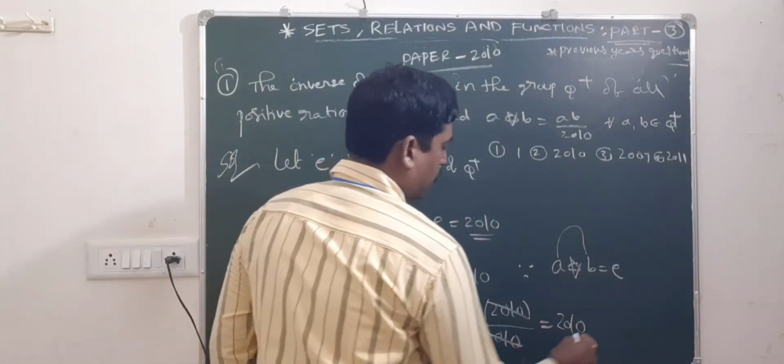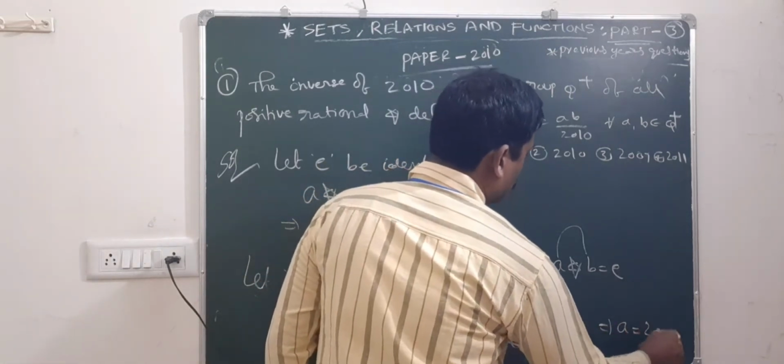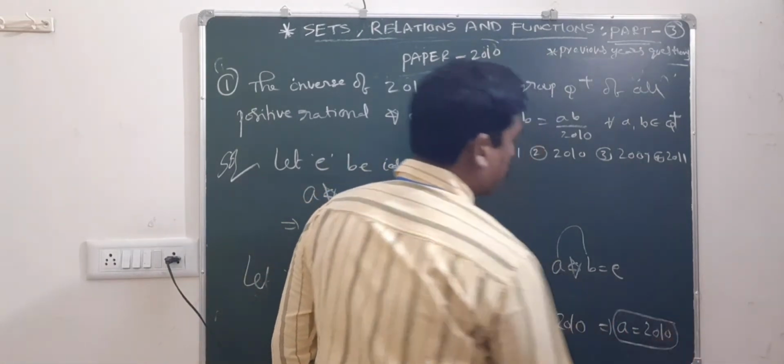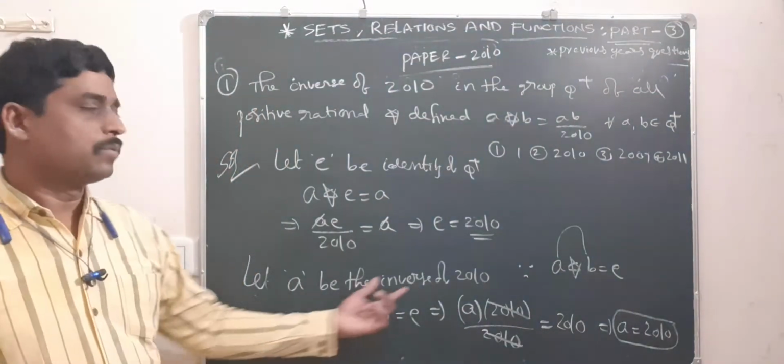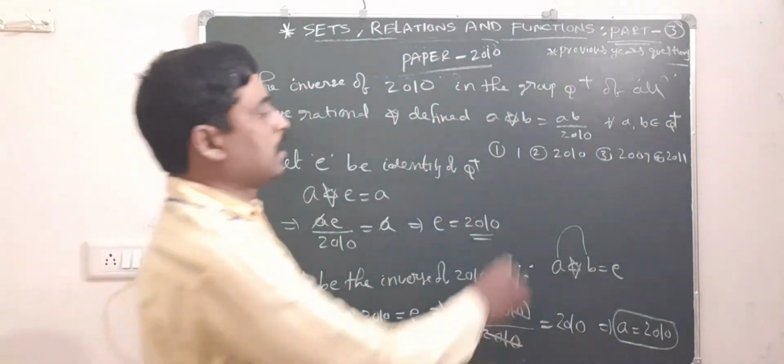Therefore 2010 gets cancelled. The answer is a is equal to 2010. This is the inverse of 2010. So 2010 is the correct answer.